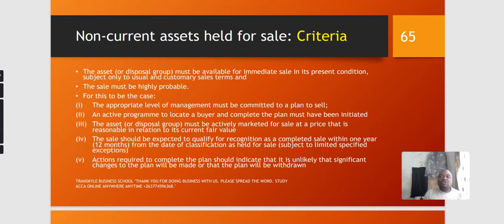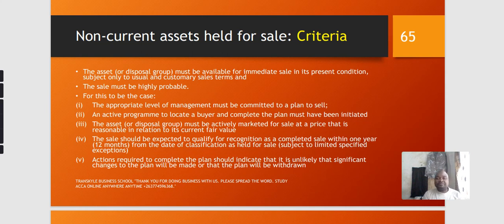The asset or disposal group must be available for immediate sale in its present condition, subject only to usual and customary sales terms, and the sale must be highly probable. For us to be convinced that these conditions are actually what is obtaining on the ground, we then have to go a step further and assess the situation.